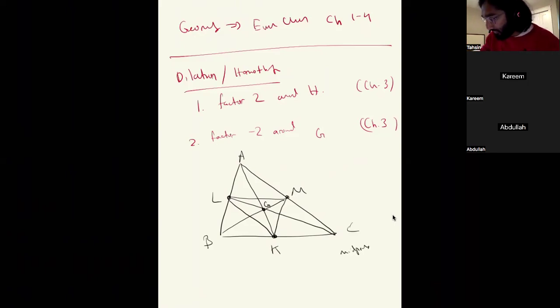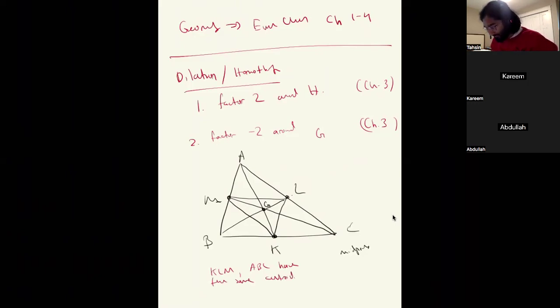Well, you should read it in Evan Chen's book, but the main property here is that KLM and, I drew, maybe I labeled them wrong. I want to label this one L and this one M. So KLM and ABC have the same centroid.